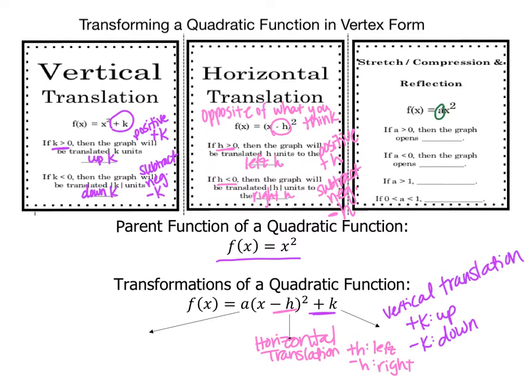So we notice the last two values were being added or subtracted. This is going to be multiplied in front. Okay, so if I think about something stretching, it's going to be getting bigger. These are all vertical types of stretch, shrink, reflect.